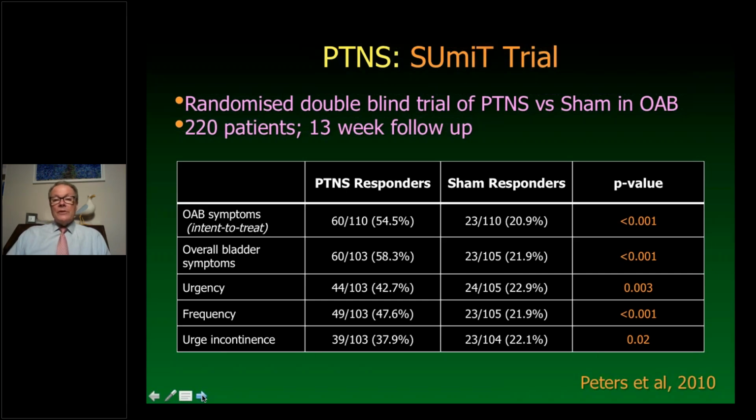And you can see that those patients who had active treatment had a much greater effect as compared to those patients in the sham arm, implying this is a true effect that we see from PTNS.